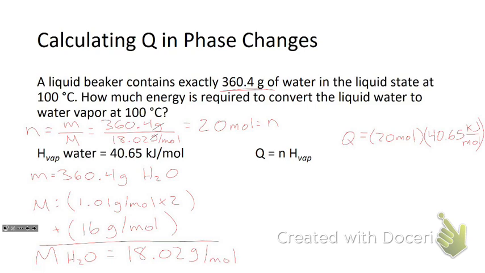So when I multiply those, moles over moles will cancel. I will be left with kilojoules. And I see 3 digits, 3 digits, 4 digits, 4 digits. So I'm going to give my answer in 3 digits, which is perfect. I get 813 joules or kilojoules? Kilojoules. Good.